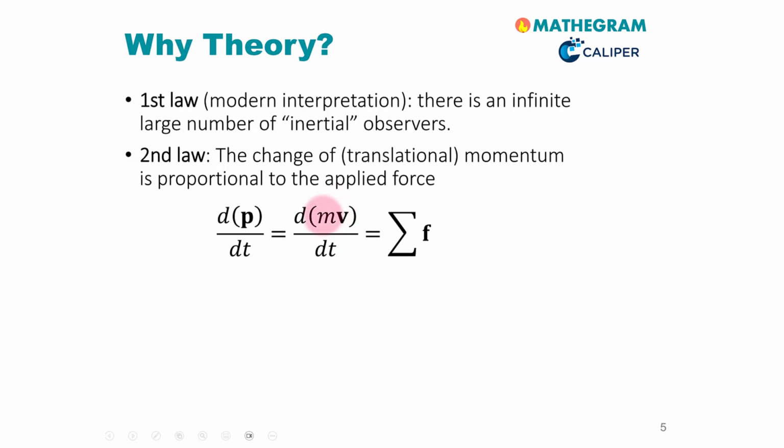Please note that scalar quantities are always indicated here with italic letters, and the bold non-italic letters are vectors, right? So v is a vector and m is a scalar quantity here. Again, this is the time derivative, and this is the equal sign.